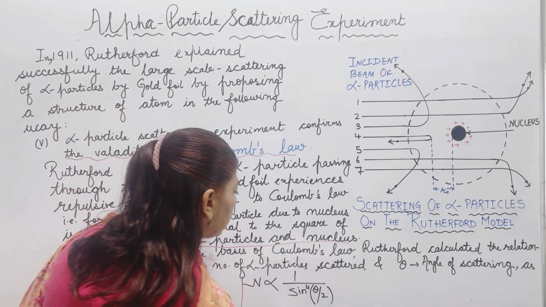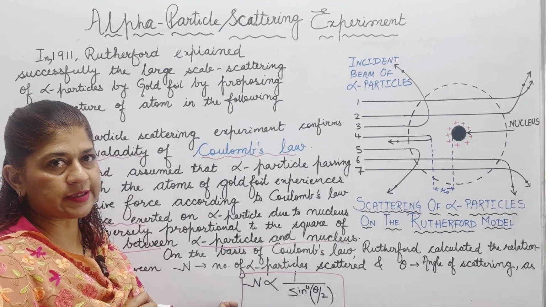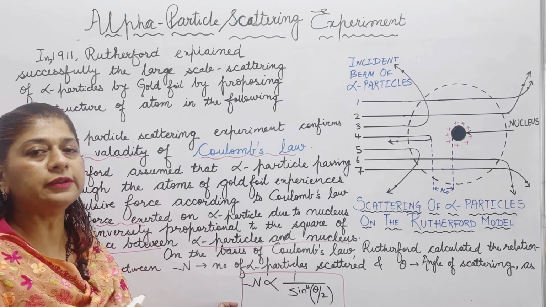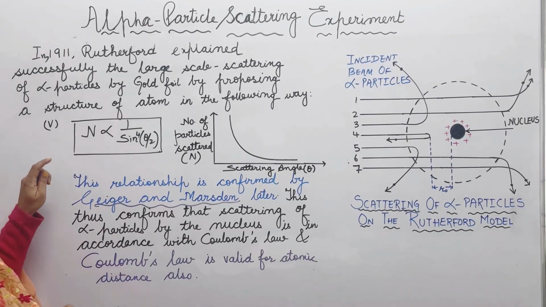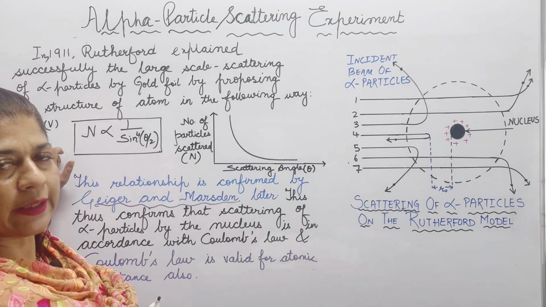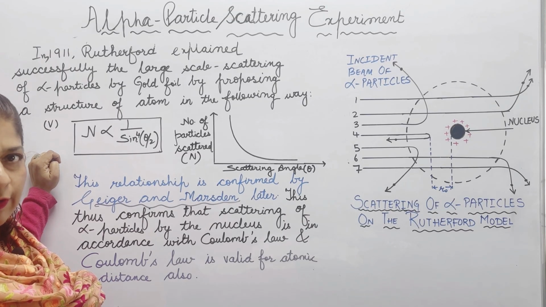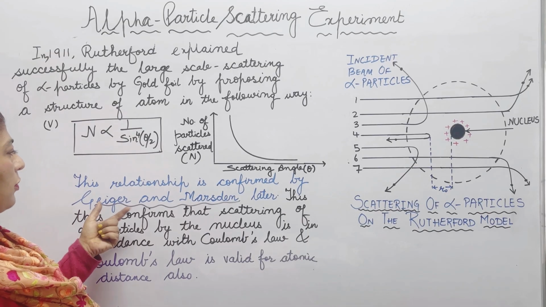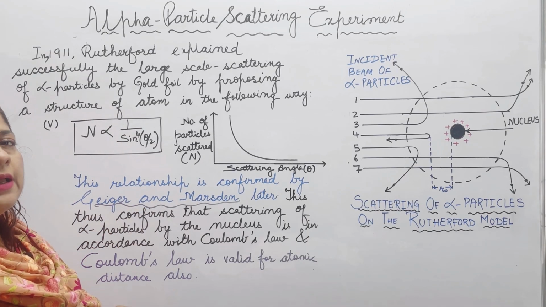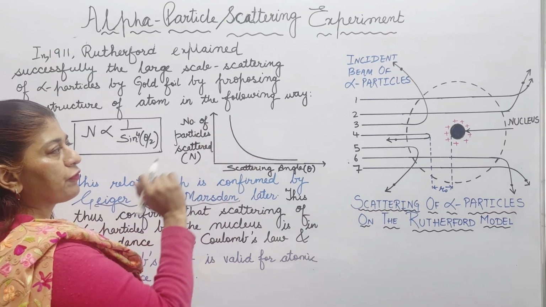This relation was taken by Geiger and Marsden, and they performed a number of experiments based on this formula. The relation that was found by applying Coulomb's law to the force of repulsion between the alpha particles and the nucleus was confirmed by Geiger and Marsden by doing a number of experiments, and they found this type of graph.